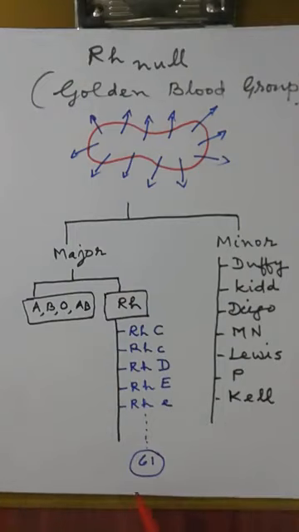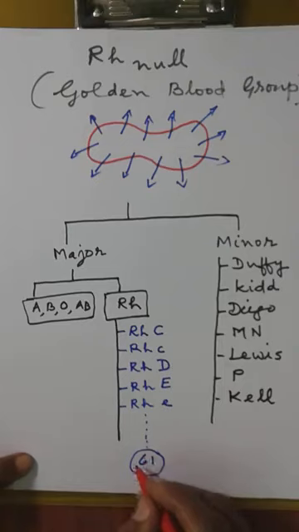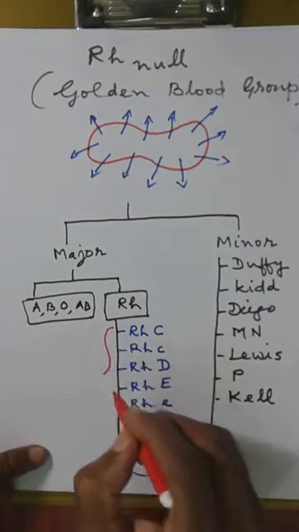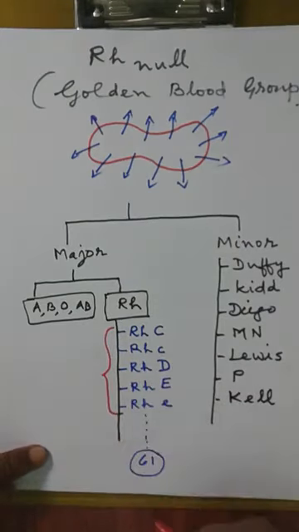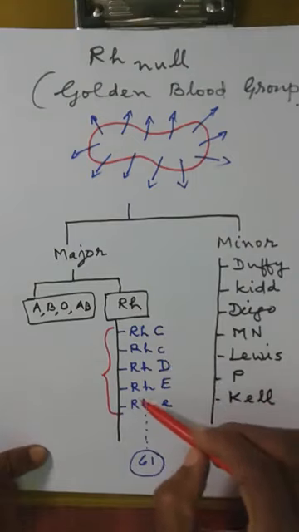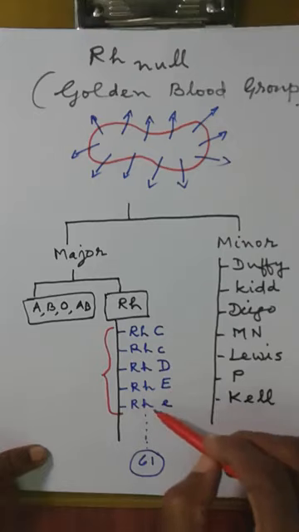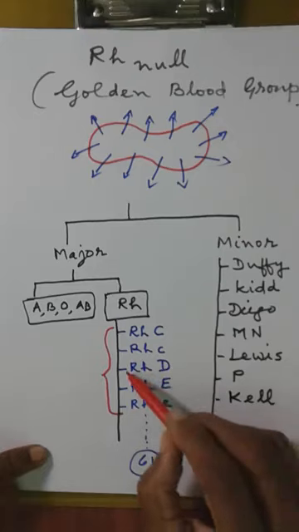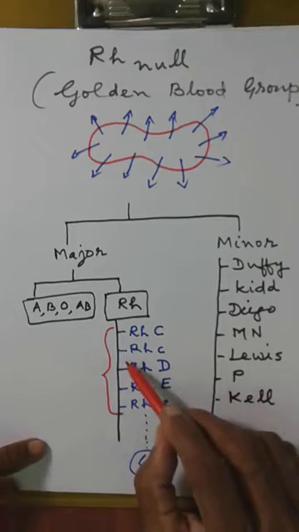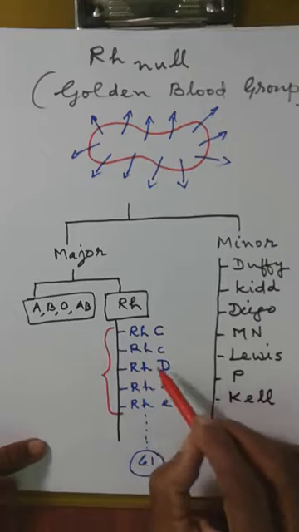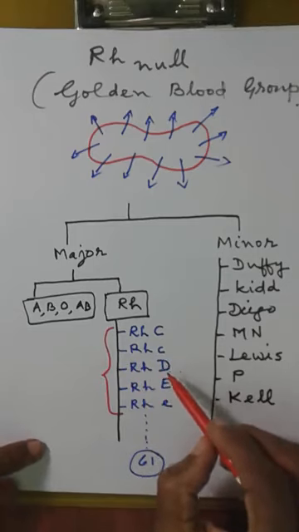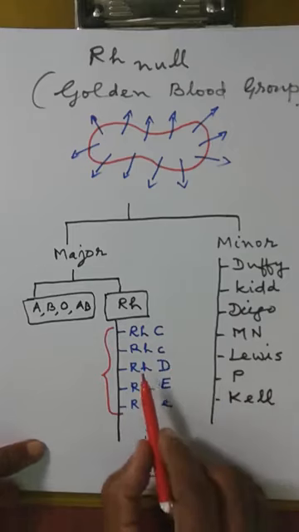Out of these 61 members, these 5 are important: RH capital C, small c, RH D, RH capital E, RH small e. There is no small d. If you write a small d, that means there is no D at all. Sometimes people write small d to indicate that. Forget about that. Only RHD.